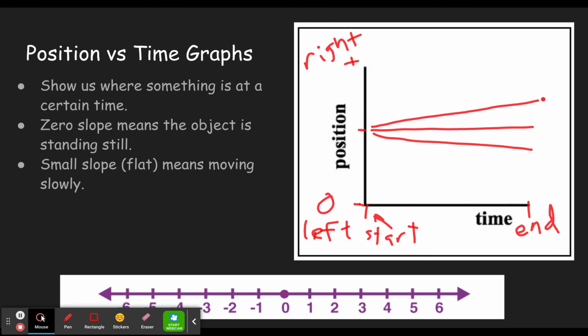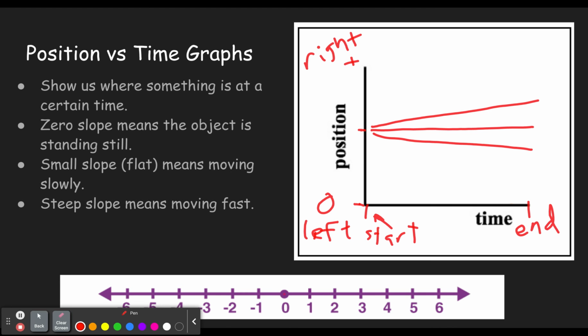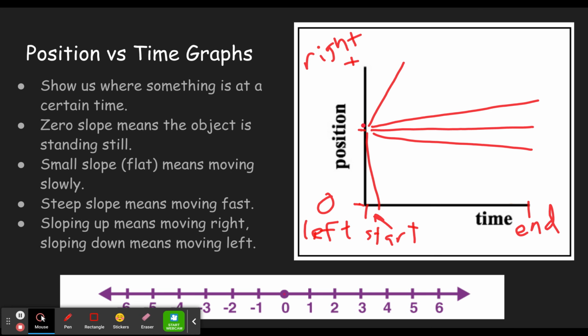So that means if it's taking a long time to change a little bit, we define that as going slow. Okay, it took a long time to go a little distance. That's what snails and turtles do. They take a long time to go a small distance. Okay, on the other hand, a steep slope, something like that, those would change a big distance.